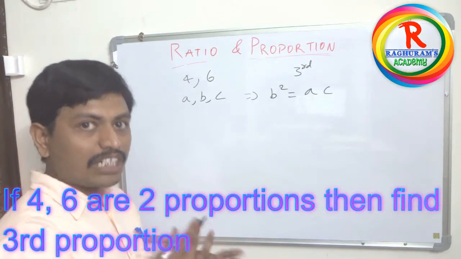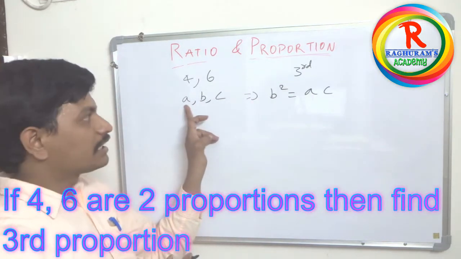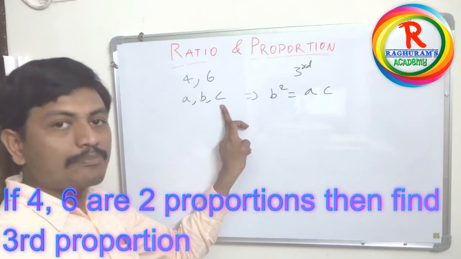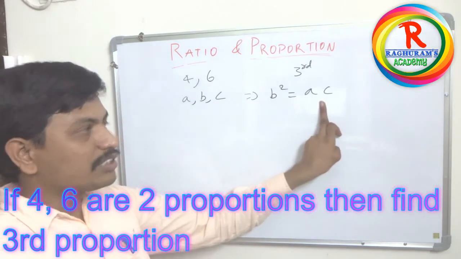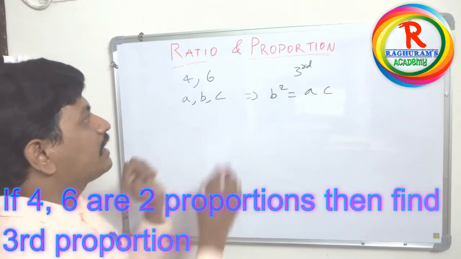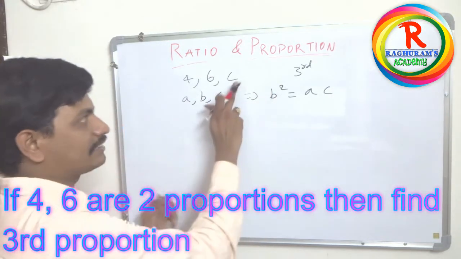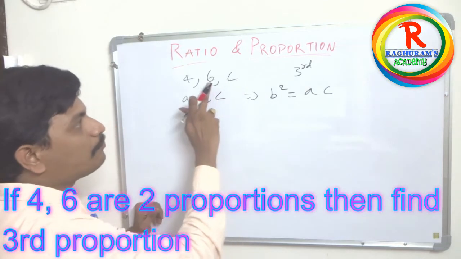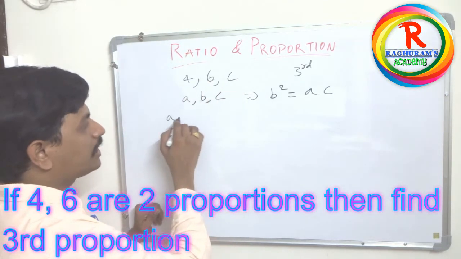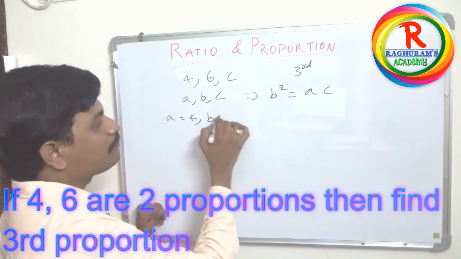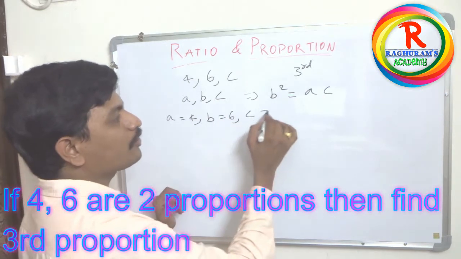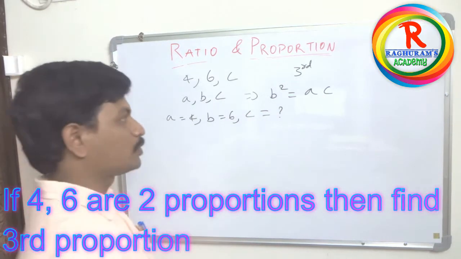I have explained in the first part how we get A, B, C. If 3 numbers are in proportion, then B square is equal to AC. Here we take the third one as C, or we can also take X. So I am taking C. Here in this case A value is 4, and B value is 6, and C is the third proportion we need to find.